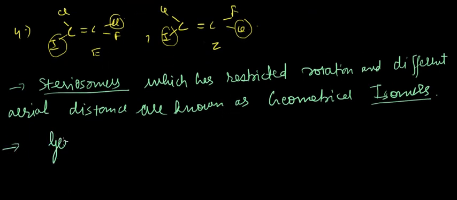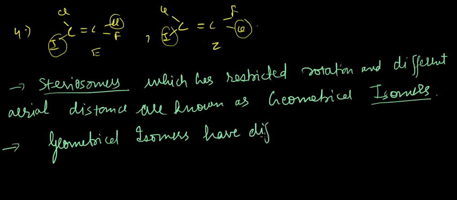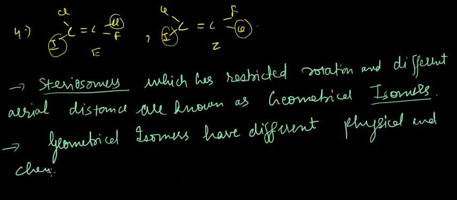Let me write this down. Geometrical isomers have different physical and chemical properties.